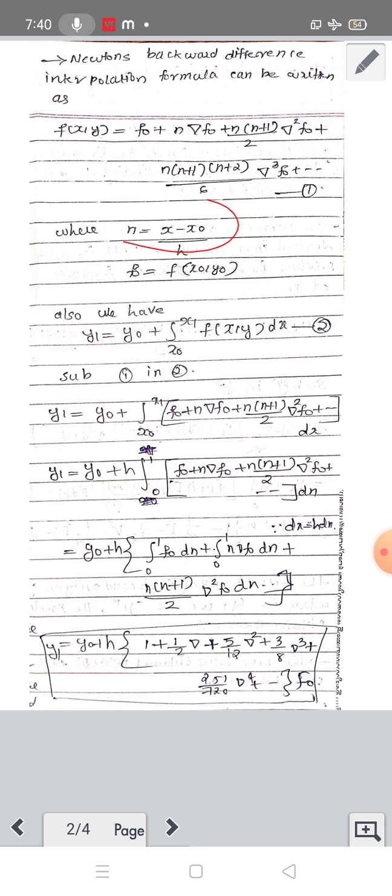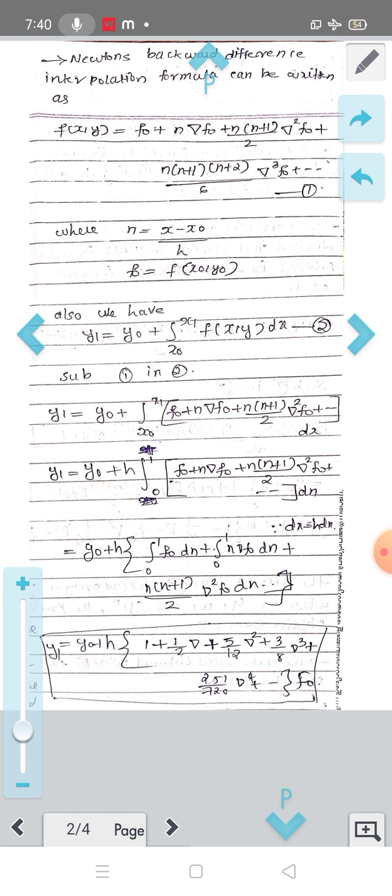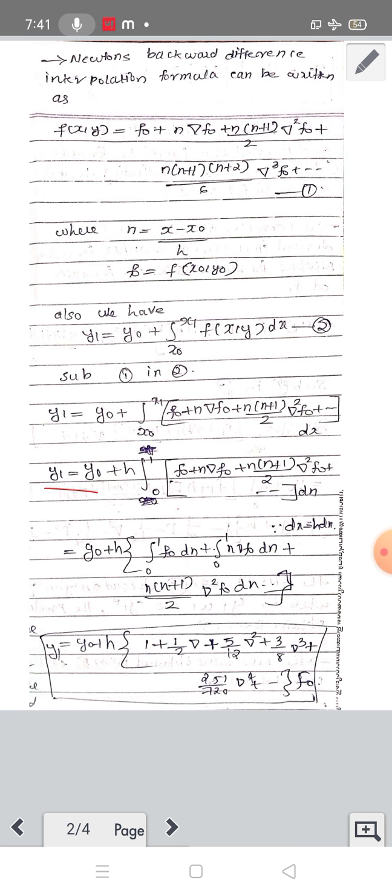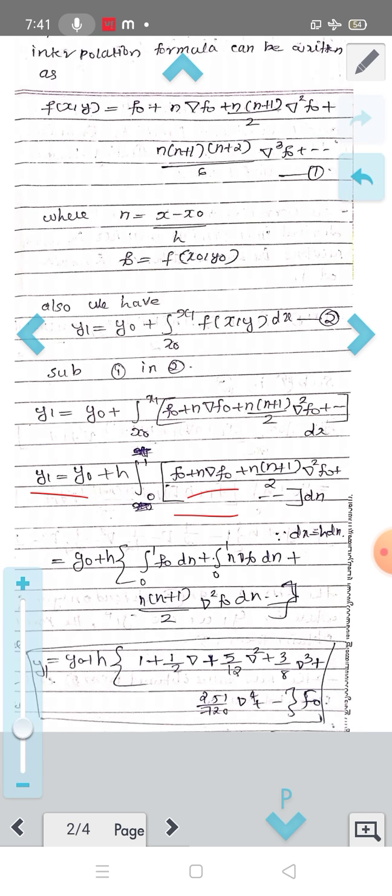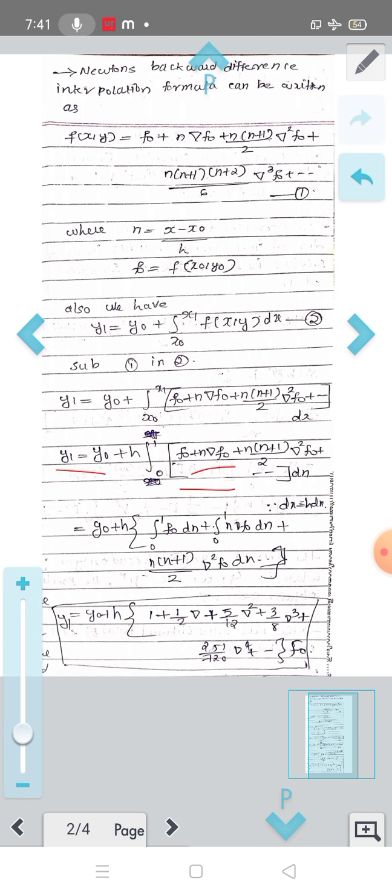From this we can write x equal to x0 plus hn, so dx will become h dn. So y1 equal to y0 plus h into integral from 0 to 1, corresponding to x0 and x1, of f0 plus n del f0 plus n into n plus 1 by 2 del square f0 and so on. By integrating this we get y0 plus h taken outside.